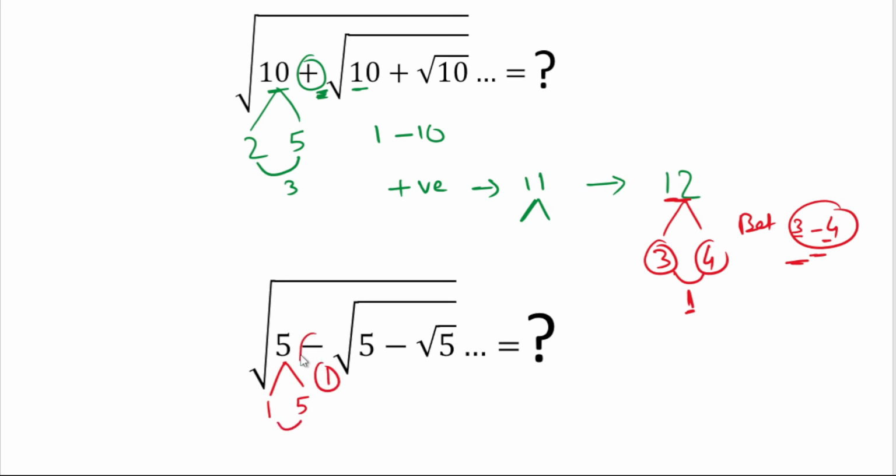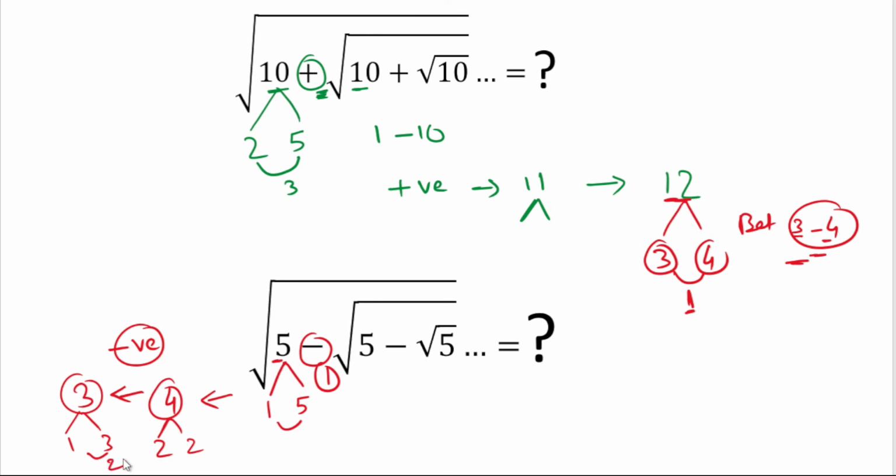So here we have a negative sign. We have a negative sign, so we will go backward. The next number after 5 is 4, and the factors of 4 are only 2 and 2, so we get a difference of 0. After that the next backward number is 3, and the factors are 1 and 3.